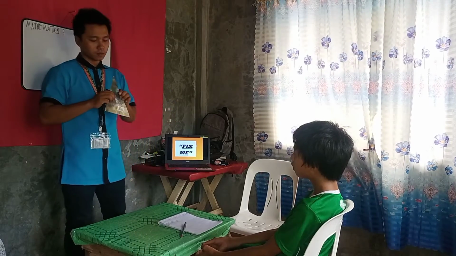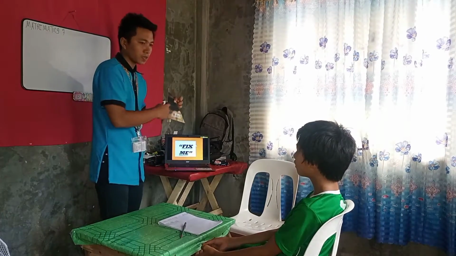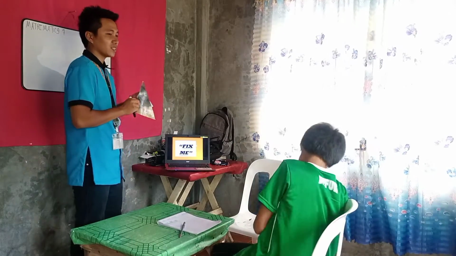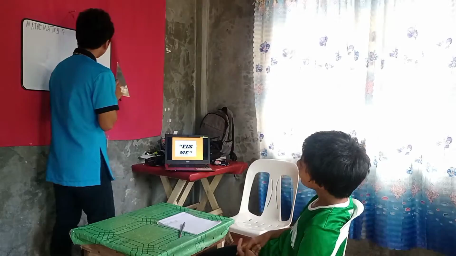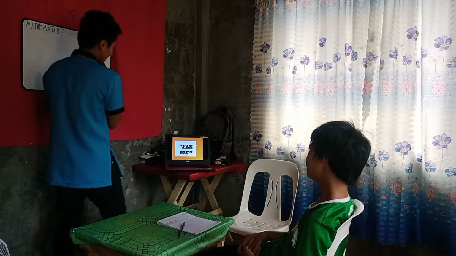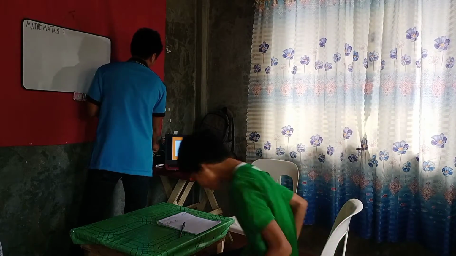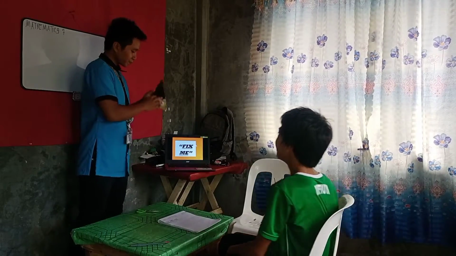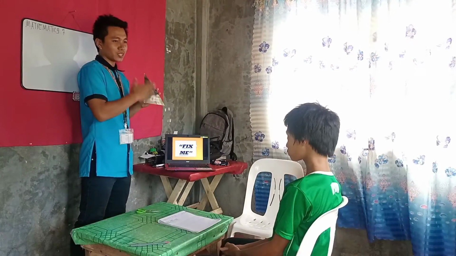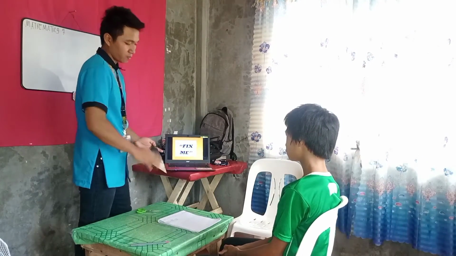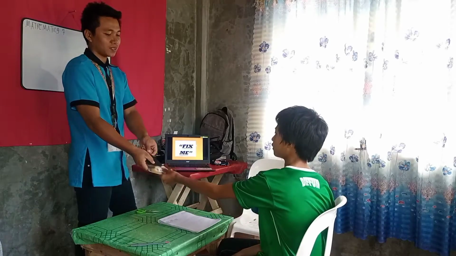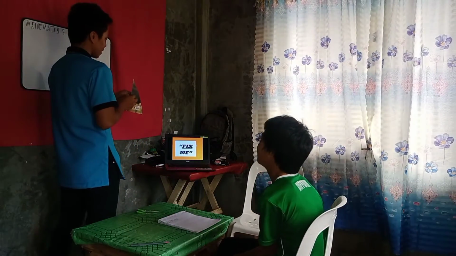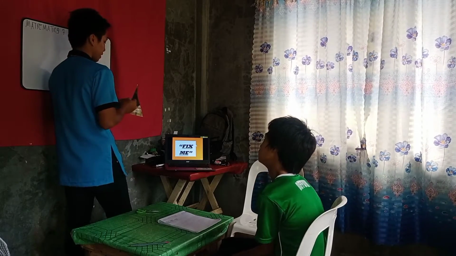Wala na yung mga sira-sira. Dikit-dikit niya. Okay? So, naging isa siyang isang buong, anong tawag natin sa figure na to? It is a triangle. So, the puzzle that you have solved, naging isa na siyang buong triangle.